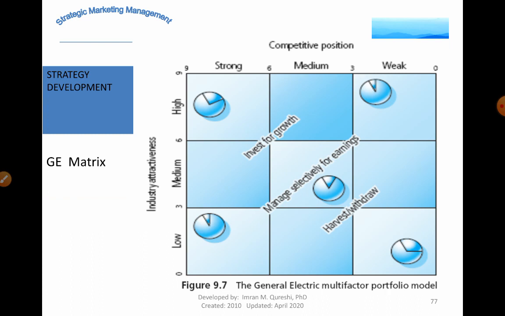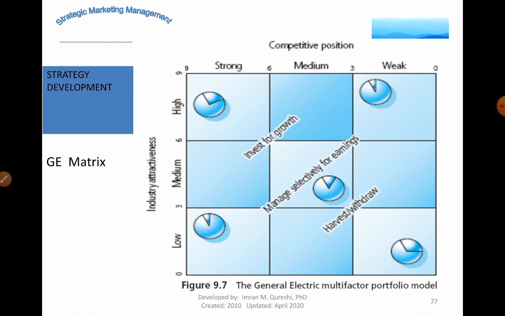Then the next one is the GE matrix, developed by General Electric, a very famous company if you know about it. In this we have two basic factors which we are analyzing: competitive position and industry attractiveness.